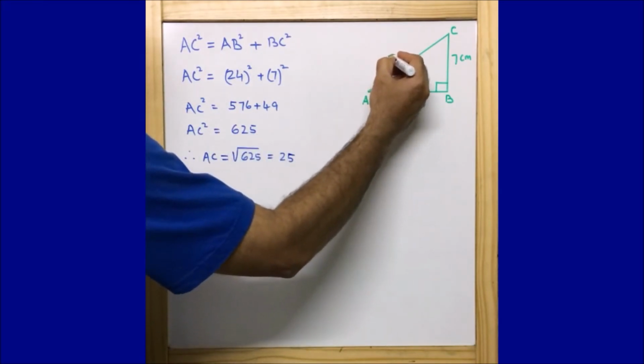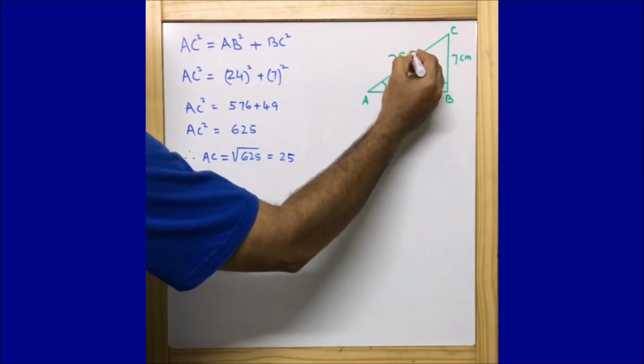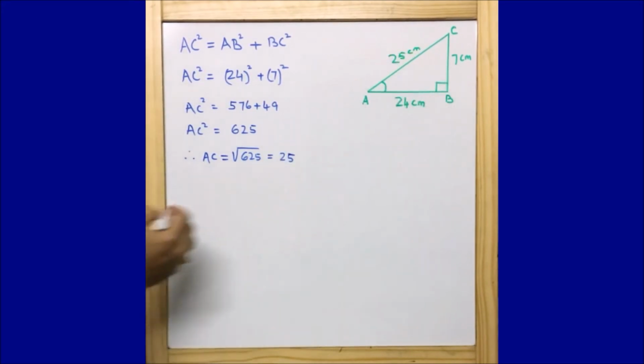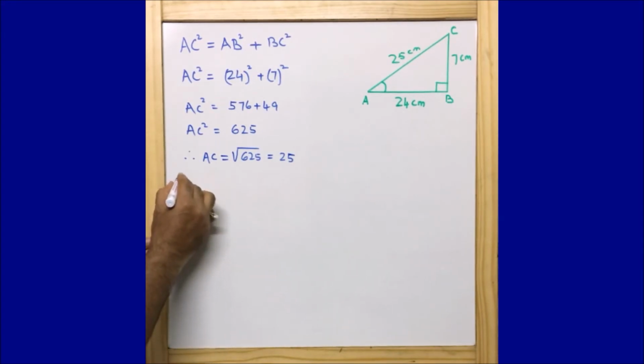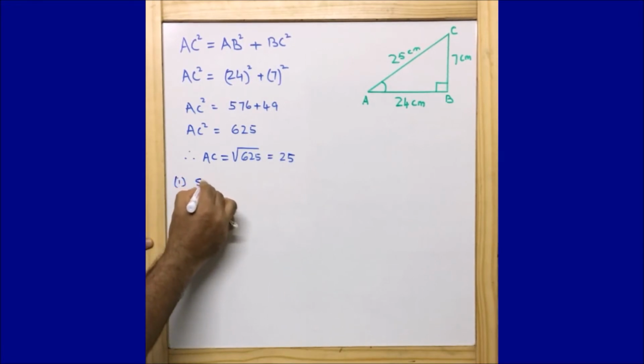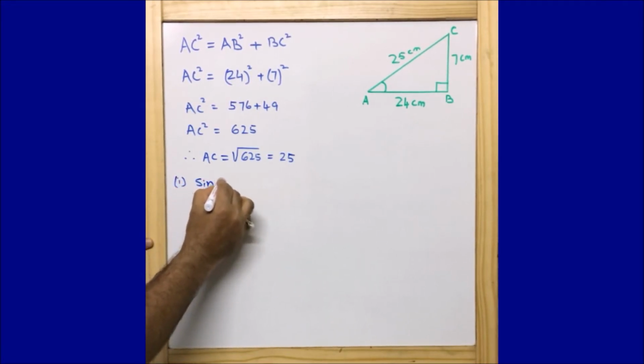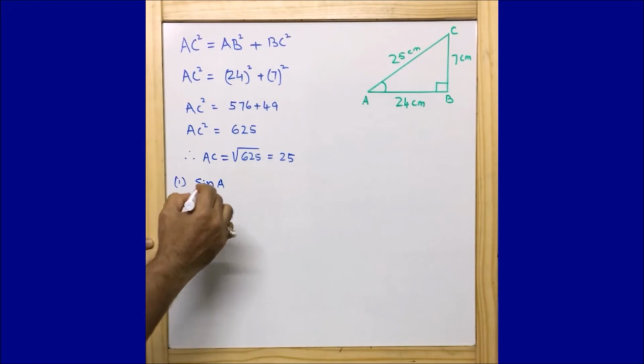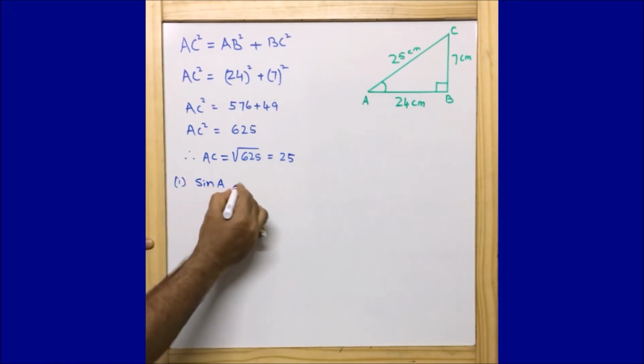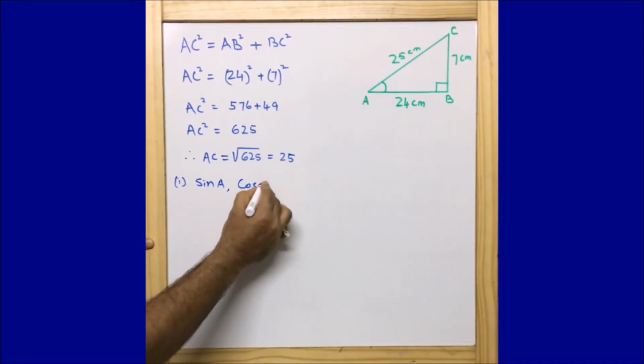Let me write 25 centimeter here. Now with all the values in hand, let us find the value of sin A, cos A as per part 1.